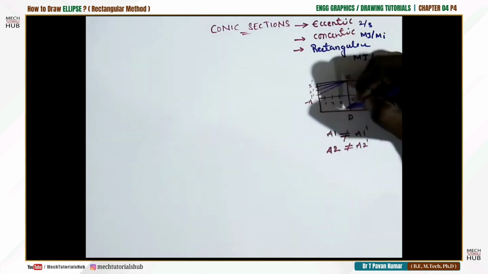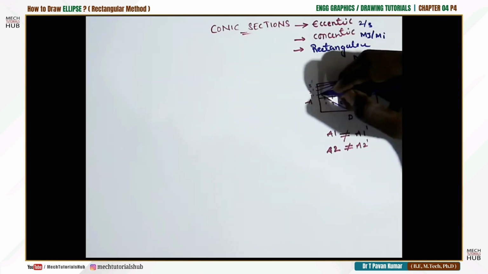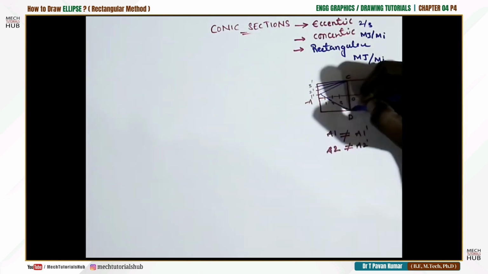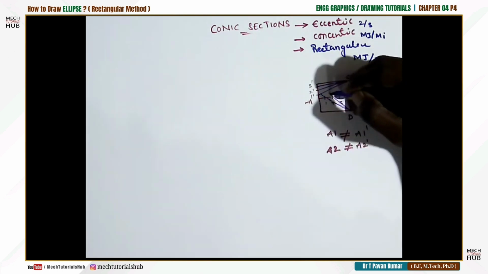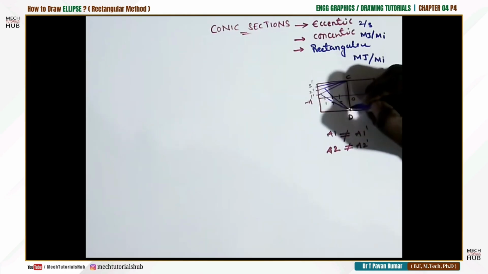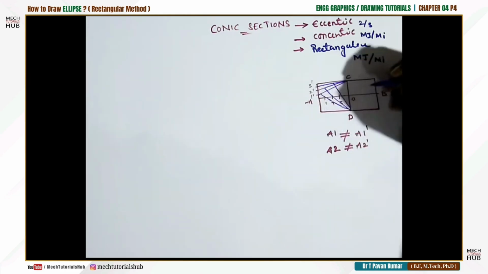I'll take the extension of D1 until it meets the line 1 prime C, and D2 until it meets 2 prime C, D3 until it meets 3 prime C.